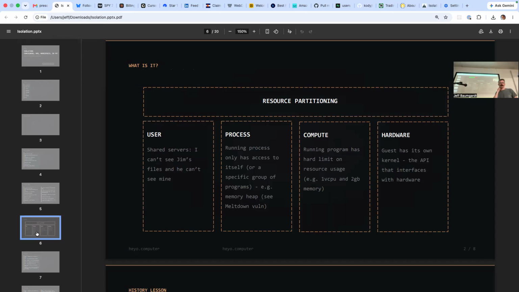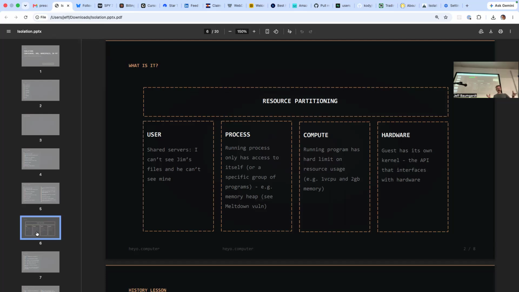All right, so now we can jump in and define what we're talking about. At its core, isolation is really just about partitioning resources out. So the types of resources can be compute, whether that's CPU and memory. We can talk about users.